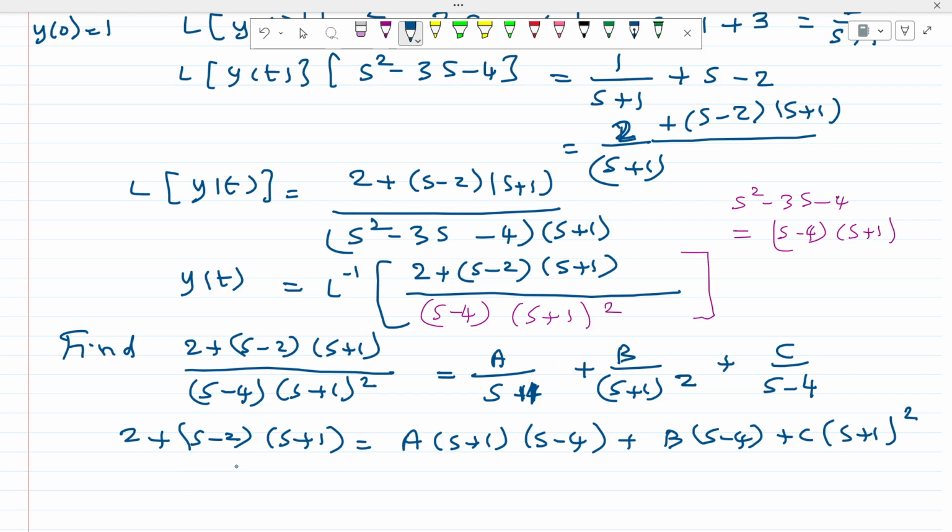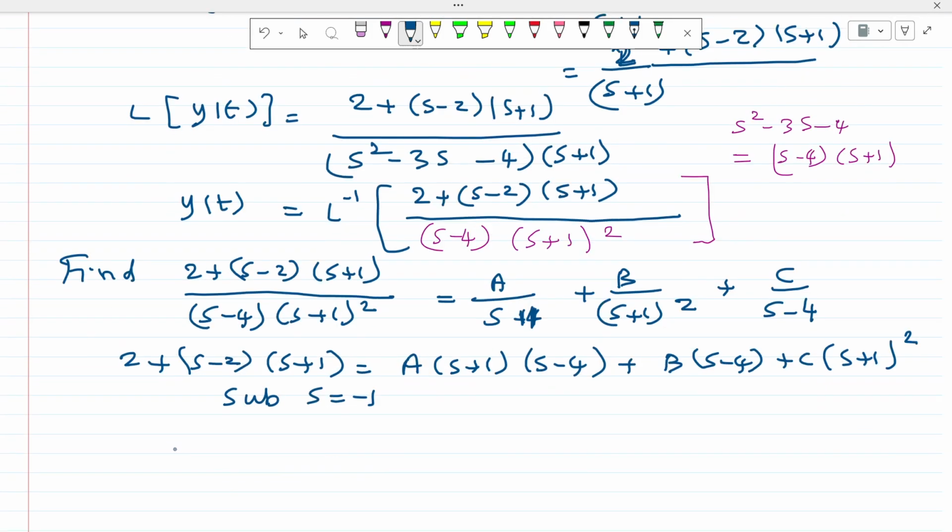Okay, fine. If you substitute s equal to minus 1 here, then what do you get? 2 equals A times 0, plus B times (minus 1 minus 4), that is minus 5B, plus C times 0.